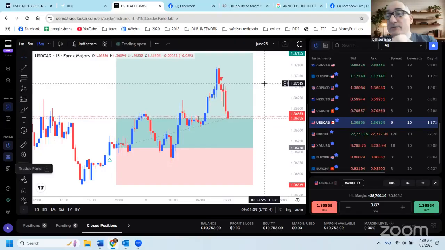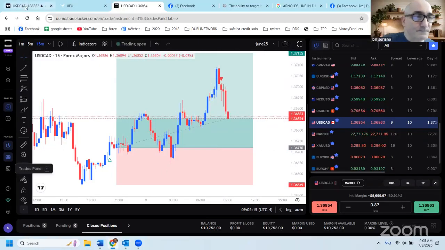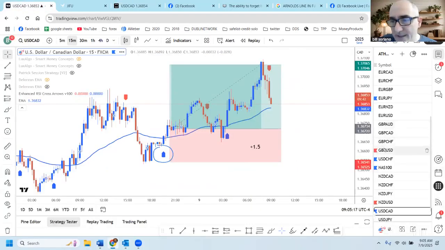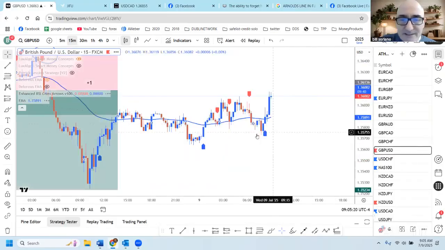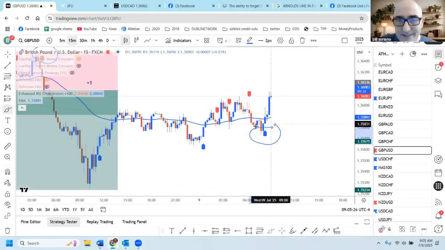And that's why we've seen pairs like GBPUSD starting to move up. I was hoping that this trade idea alert right here would get confirmed by the scanner, but it didn't.